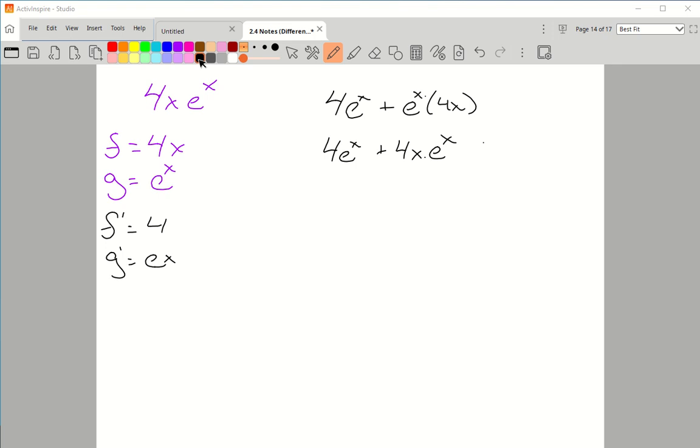And I'm going to bring this back over. This is the last little part. And back to the purple color.